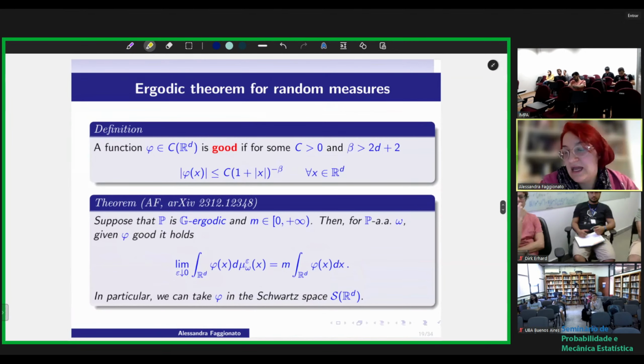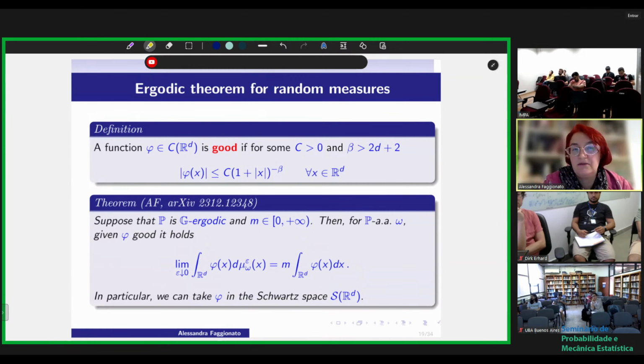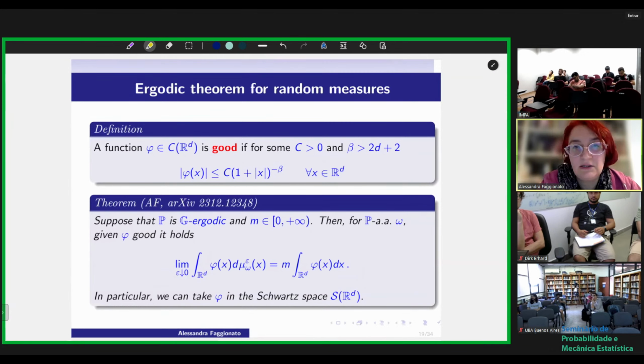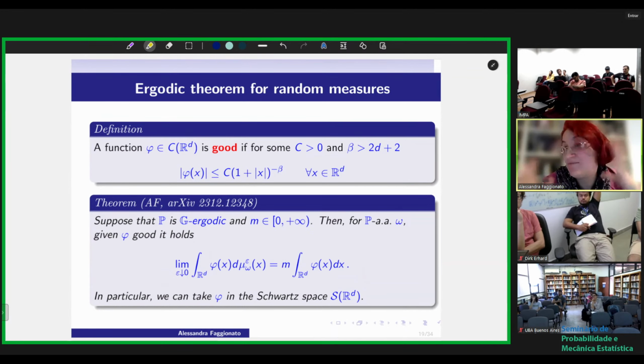Okay. So this is the ergodic theorem for random measures. I have to point out one thing. This random measure can have regions with a very high mass.